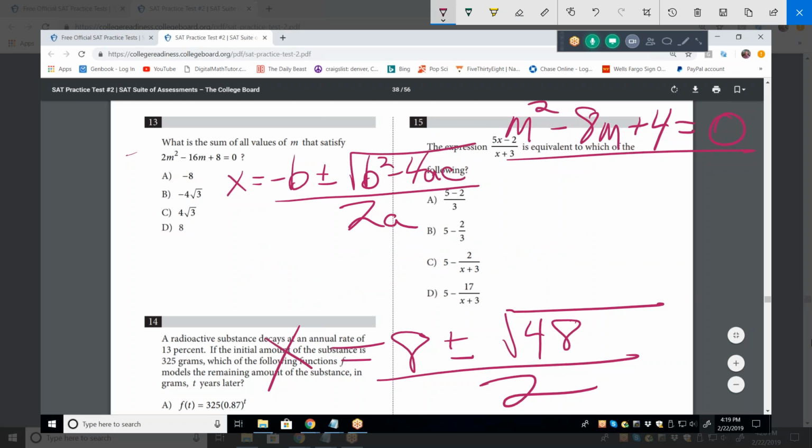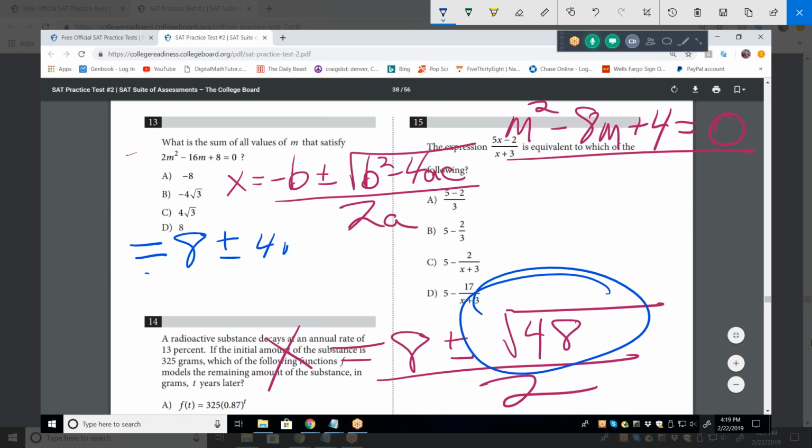in blue. What's the square root of 48 simplify to? It simplifies to 4 root 3. Okay, so we have 8 plus or minus 4 root 3, all divided by 2. Simplify that.